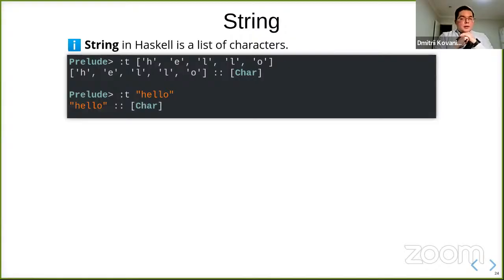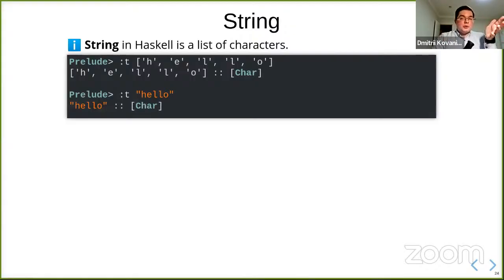On one hand, Haskellers don't like this because a list of characters is not really an efficient representation of strings. If you want to do something in production, if you worry about memory and performance, there are better ways to represent strings.